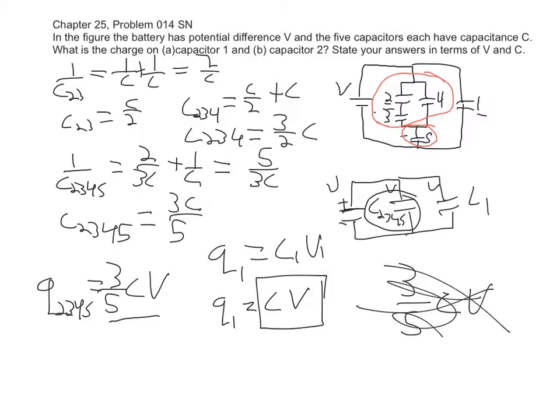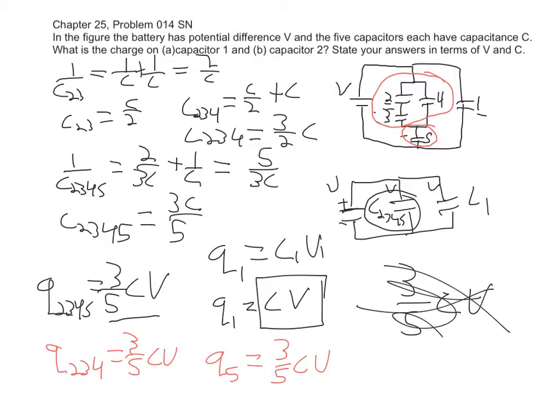And since they're in series, they're both going to have the same charge. So Q234 would also be equal to 3/5 CV, and Q5 would have that same value of 3/5 CV.